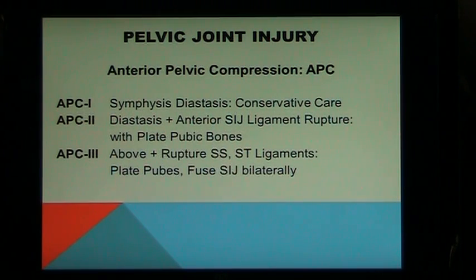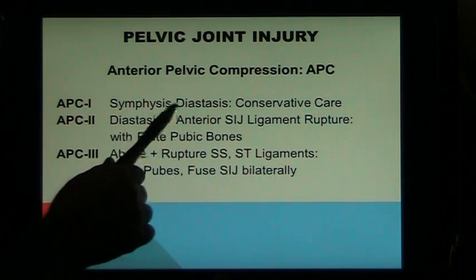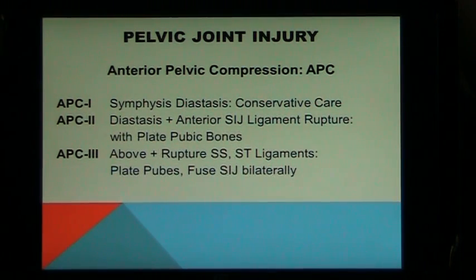So if we look at this data and we understand the basic classifications, I believe there are some nuggets, some real gems that we can extract and see if they apply to the obstetric population. So an APC1 is a symphyseal diastasis only, and they heal with conservative care. So this is a person who had, say, a motor vehicle accident, and the steering wheel created an anterior to posterior compression injury in which the symphysis ruptured, but using a binder, an SI belt, trochanter belt, etc., conservative care for a few weeks, bingo, they recovered.